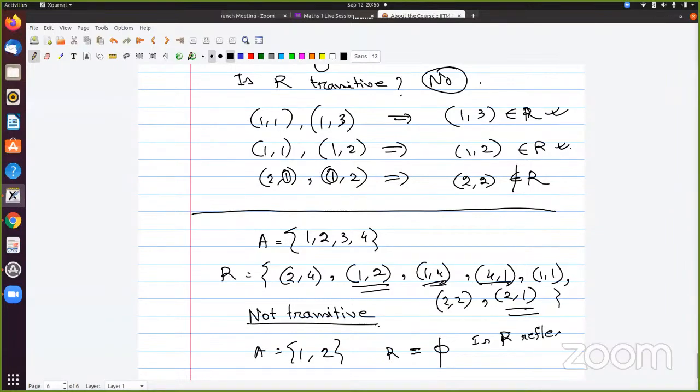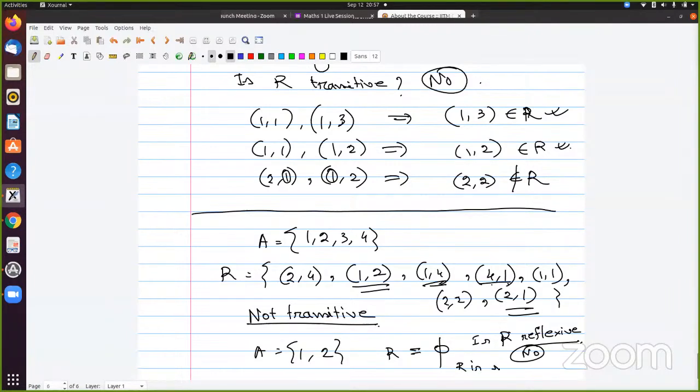No. Why? 1 comma 1 and 2 comma 2 are not here. At least 1 comma 1 and 2 comma 2 should be there, so it is not reflexive. Is it symmetric? Yes, because symmetricity says if A comma B is there, then B comma A should be there. Now there is no A comma B because this is the null set. No elements are there, so it is symmetric.